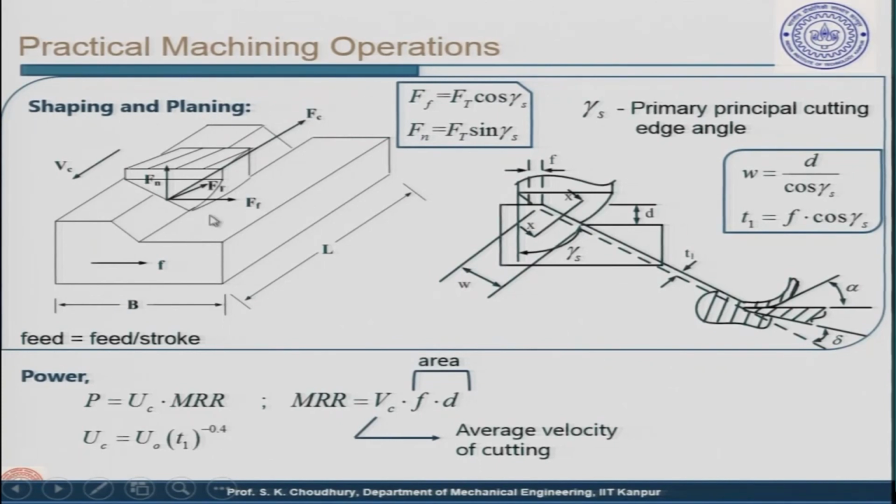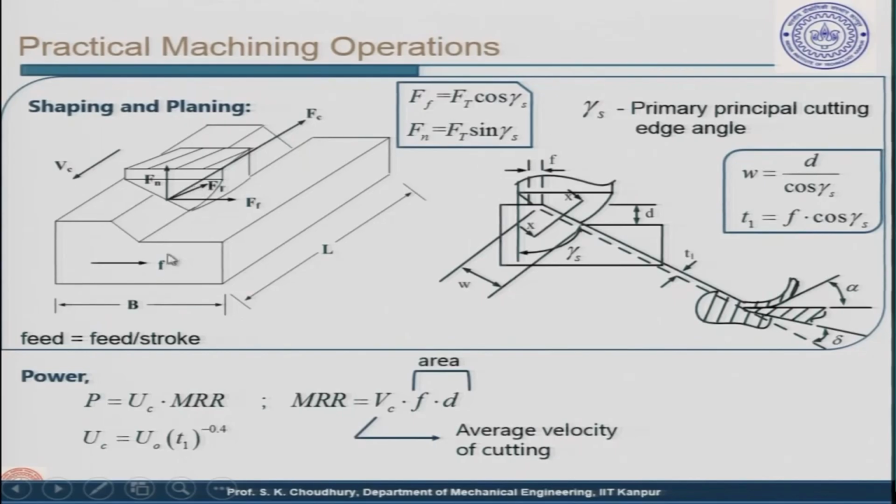So, you cannot make the tool travel at that length where it is too big. So, the tool is stationary for planing, and the workpiece reciprocates. So, the stroke then will be the workpiece movement forward and the workpiece movement backward.